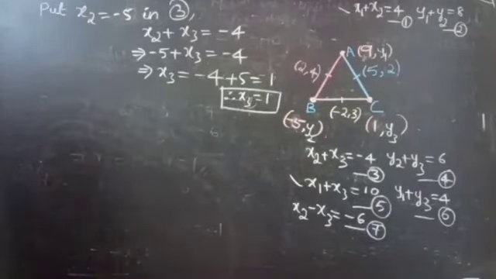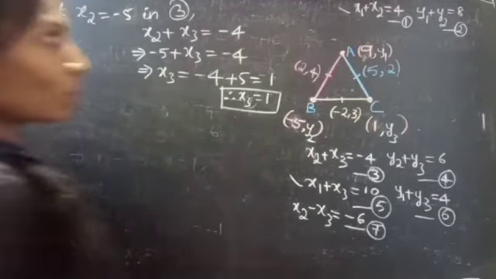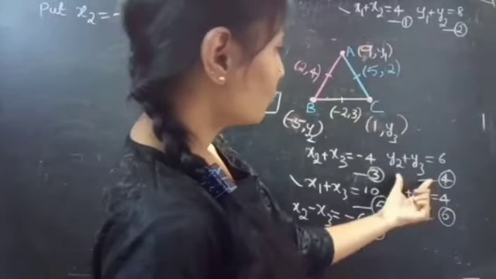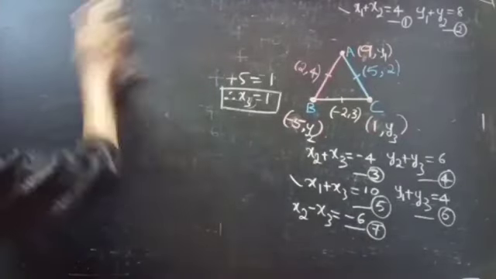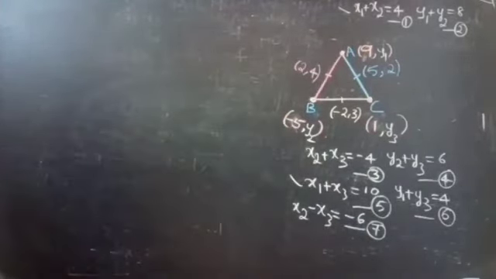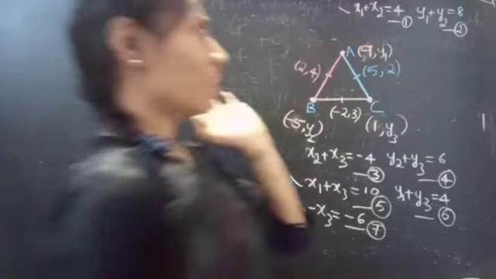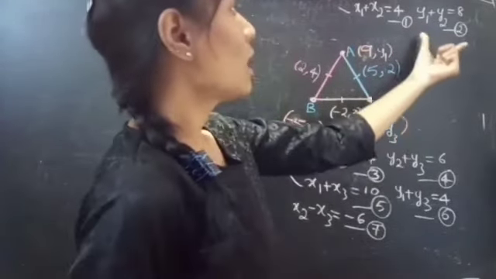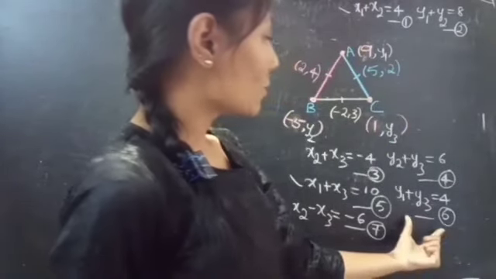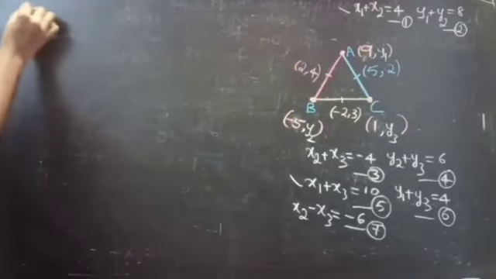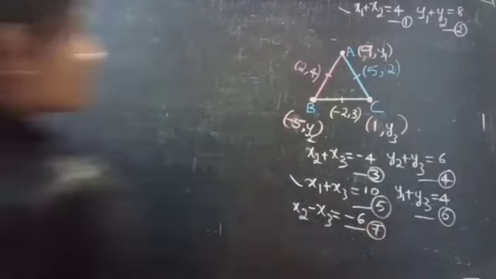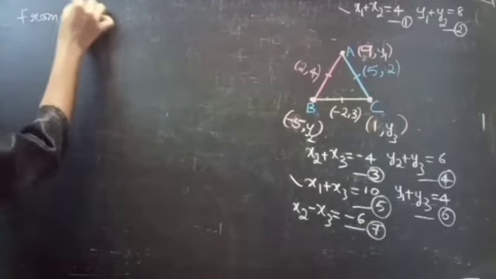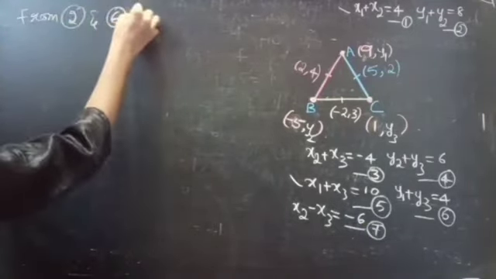Now we are going to find the values of y1, y2 and y3 using equations 2, 4 and 6. Here I just want to cancel y1, so I'll eliminate using equation 2 and equation 6.